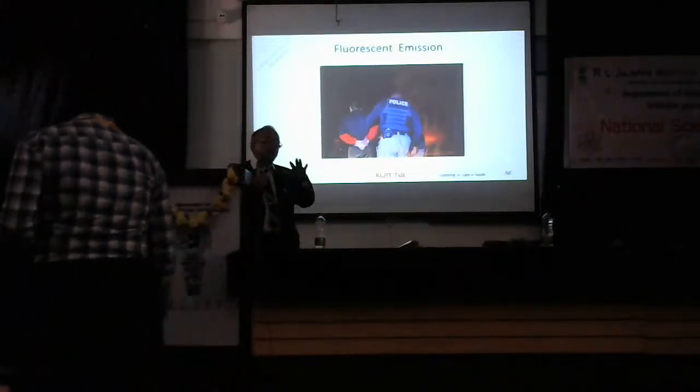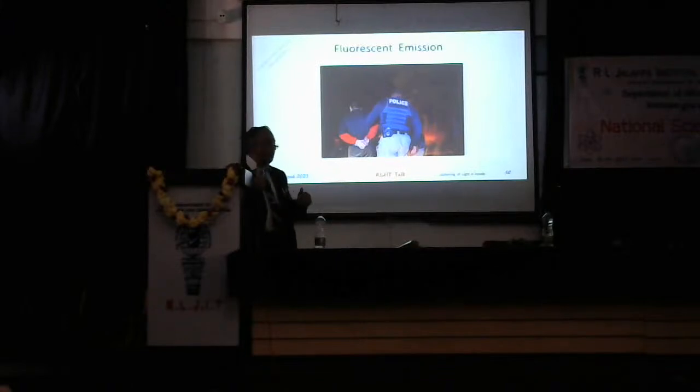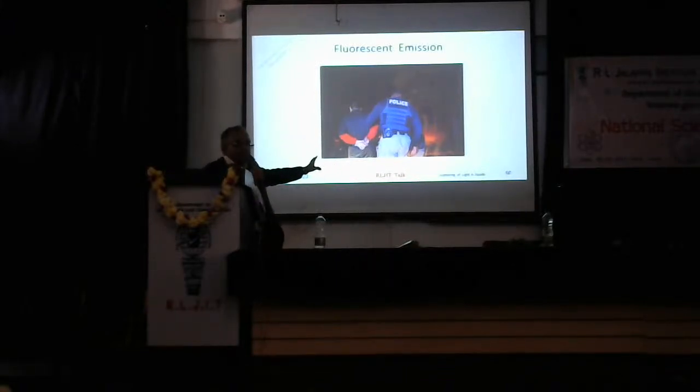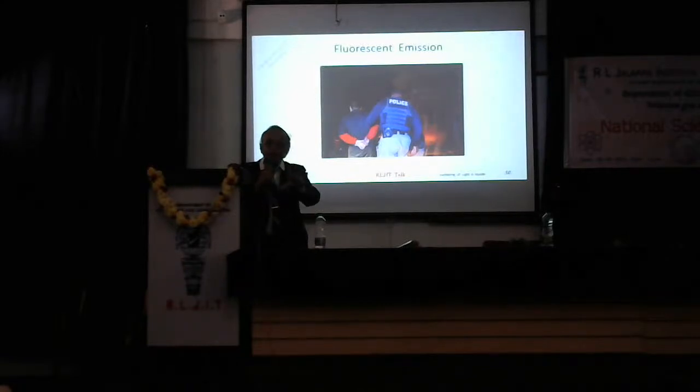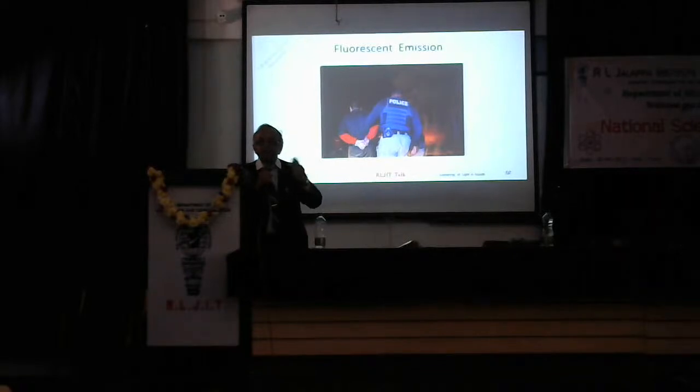I will tell you about the fluorescence. See, the light that is falling upon this police person, it is reflected all around. But you see the letters there, POLICE, those letters are actually glowing. That is because of fluorescence. How do you differentiate fluorescence from reflection?